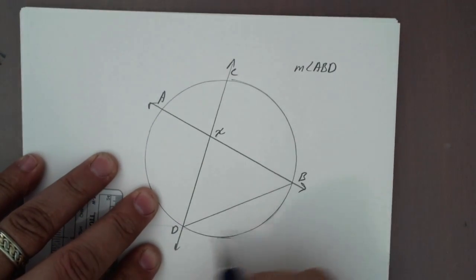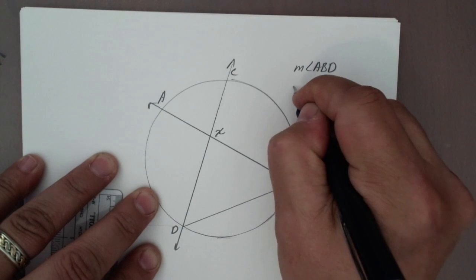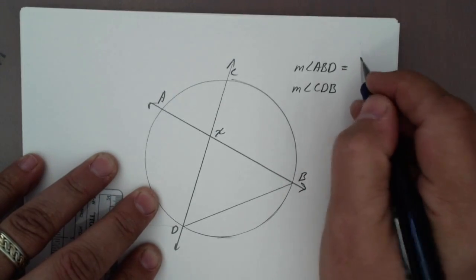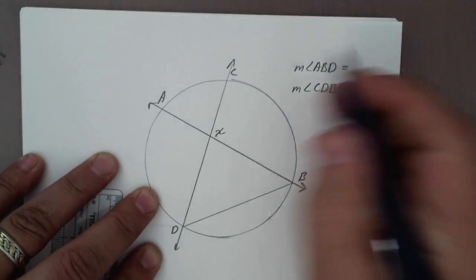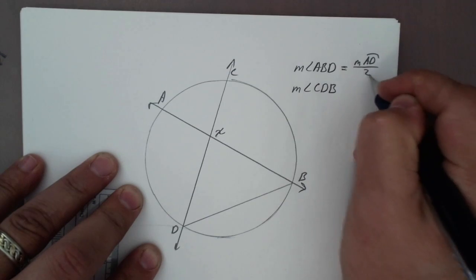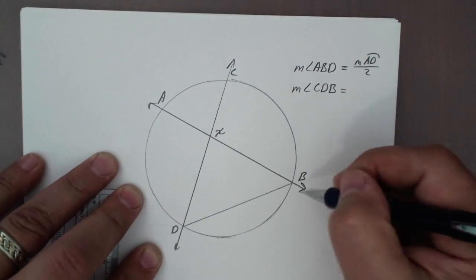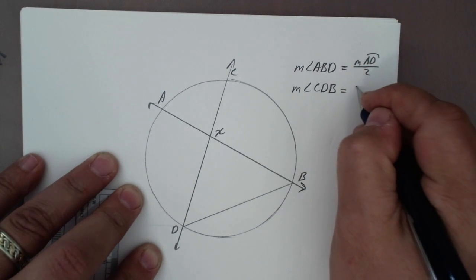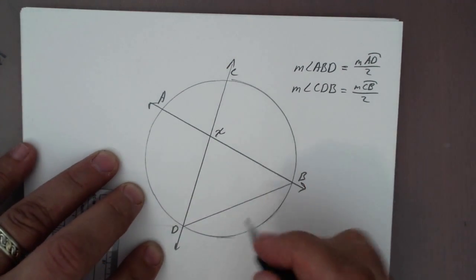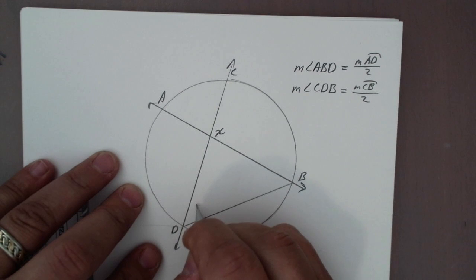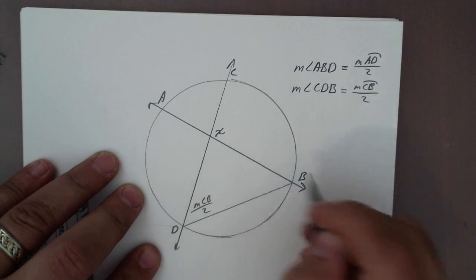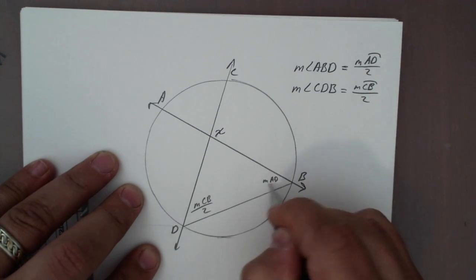Now we also create angle CDB. Now, based on our inscribed angle measurements, we know that the measurement of ABD is going to be half of arc AD. And we know that the measurement of CDB is going to be half of CB. And this one is measurement of AD divided by 2.